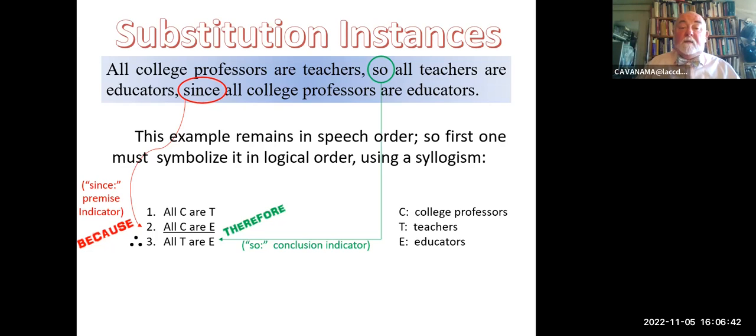So our major premise: all college professors are teachers. We'll let C be college professors, T be teachers, E be educators. So we have all C are T. And then, since all college professors are educators is another premise, so all C are E. And then therefore, so all teachers are educators, all T are E.